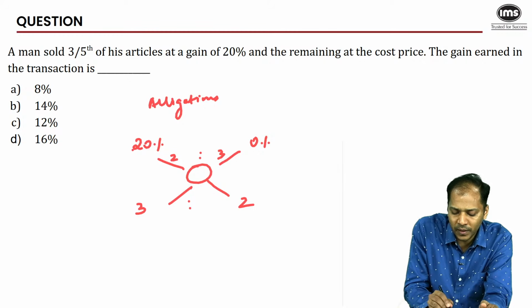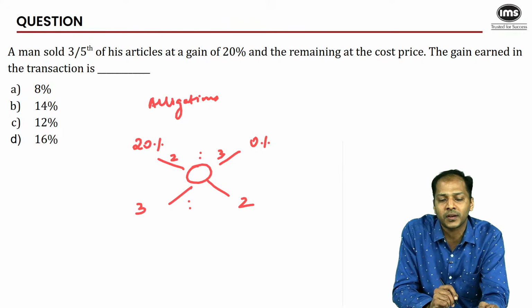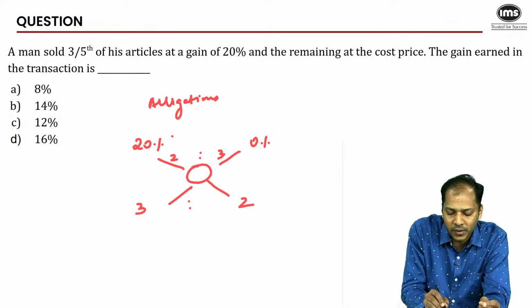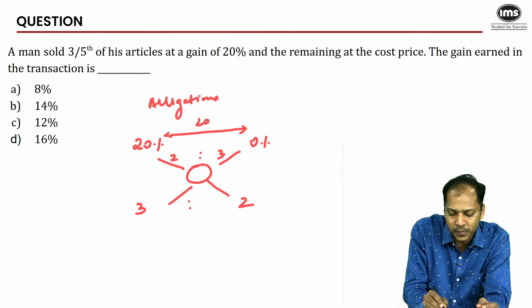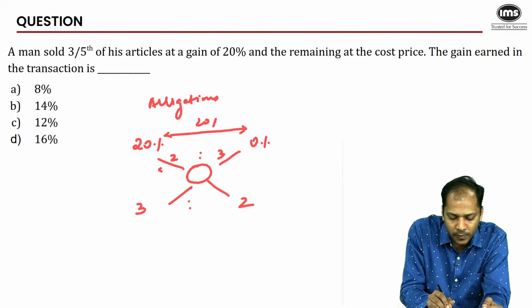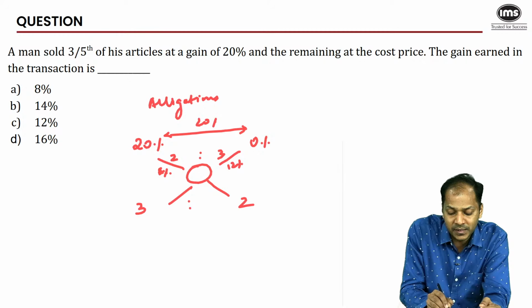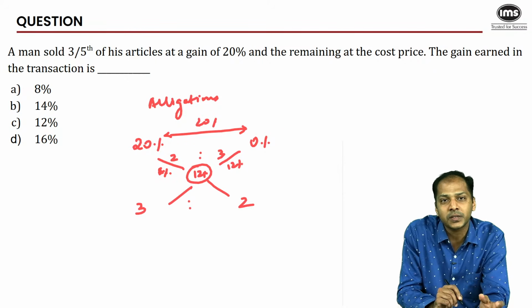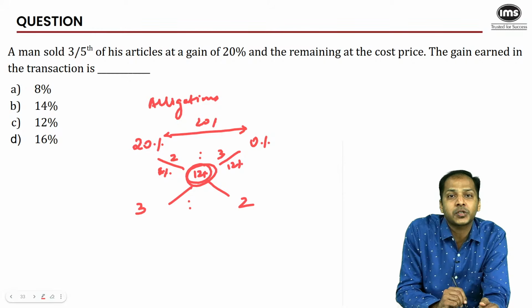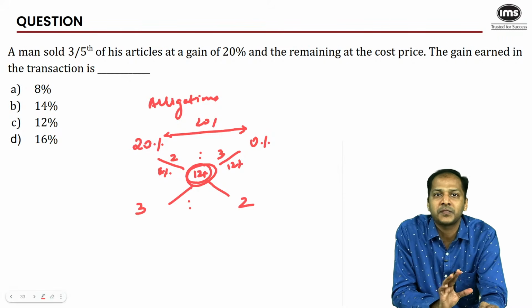So what number in between would give you the difference as 2:3 ratio? Clearly the gap of 20% has to be split in the ratio 2:3. This one would be 8%, this one would be 12%. The gap is 8 and 12%, so 20 minus 8 is 12, 12 minus 0 is 12. So the average value would come out to be 12%.